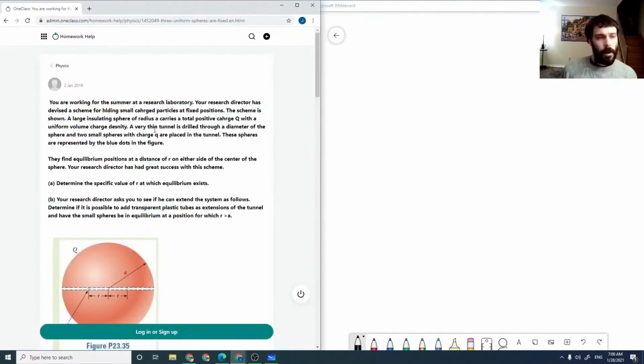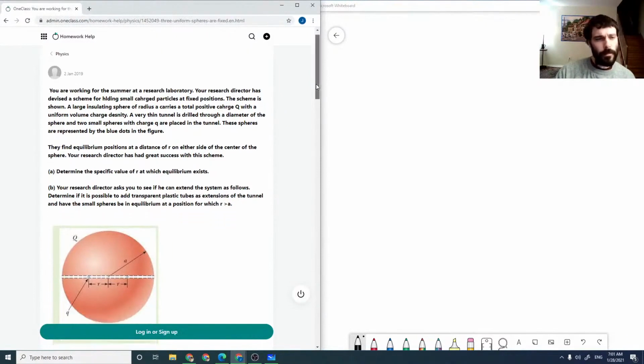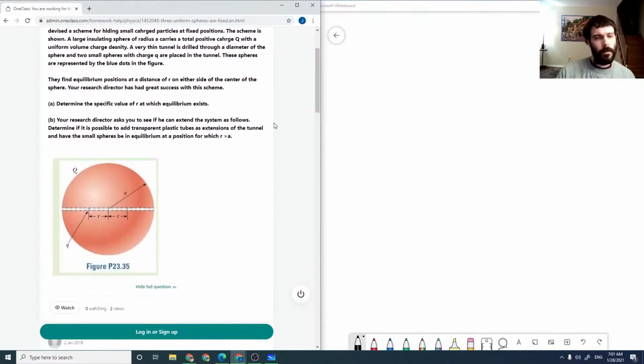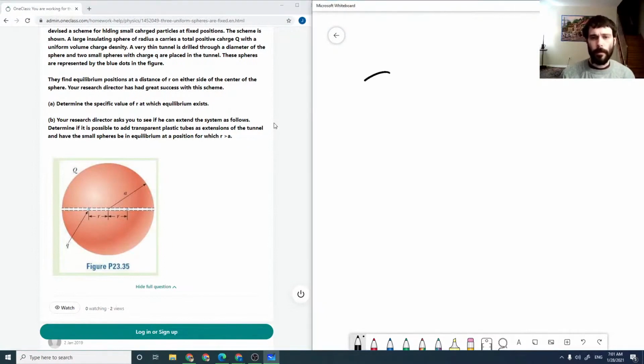Okay, so you are working for the summer. Your research director has devised a scheme for trapping particles. We have a large sphere of radius a with a small tunnel drilled through the middle.